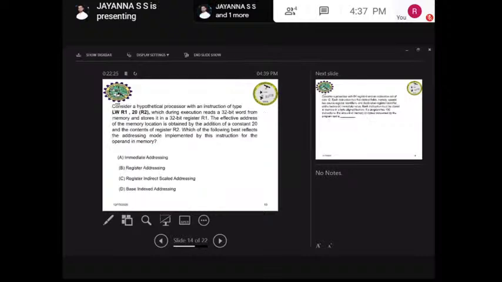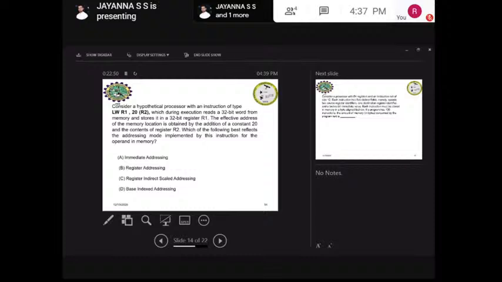So next is the second question. Consider a hypothetical processor with an instruction of the type LW R1, 20(R2), which during execution reads a 32-bit word from memory and stores it in a 32-bit register R1.